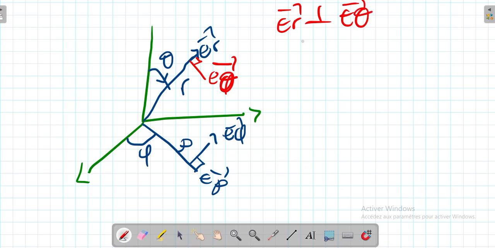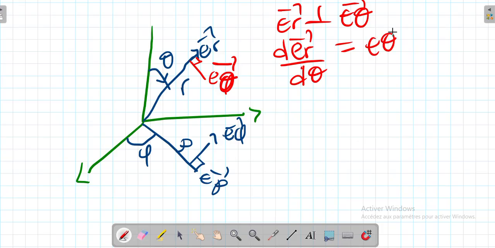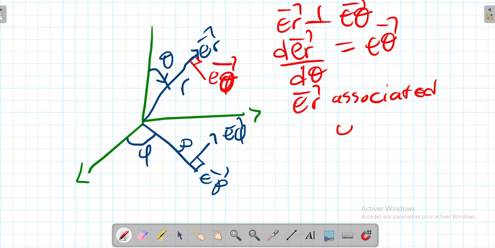Which means that if I find the derivative of e r with respect to theta, it's going to give me e theta, okay. Knowing that they're perpendicular to each other and that e r is associated with e theta, will help us know that when you have e r, you can just find e theta, just as we had e rho and found e phi by differentiating e rho with respect to the angle.